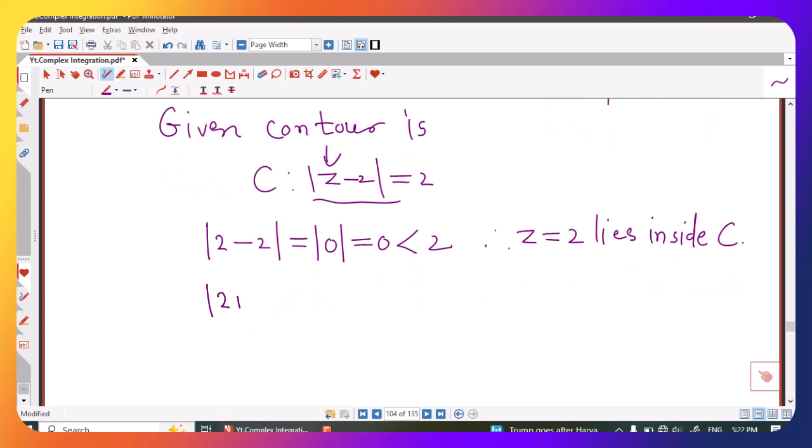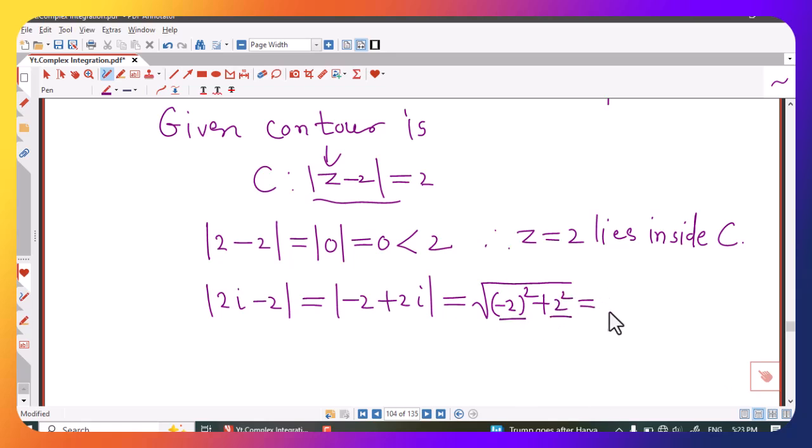And when we take z equal to 2i here, then we will have 2i minus 2. So this is minus 2 plus 2i, and if we use the definition that the absolute value of x plus iy is the square root of real part square plus imaginary part square, then here we will have 4 plus 4, that is square root of 8, and it is 2 times root 2, and it is greater than 2.